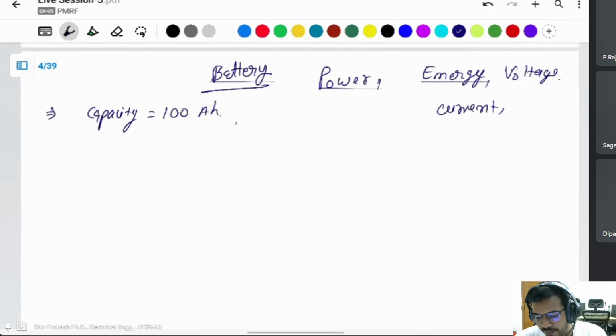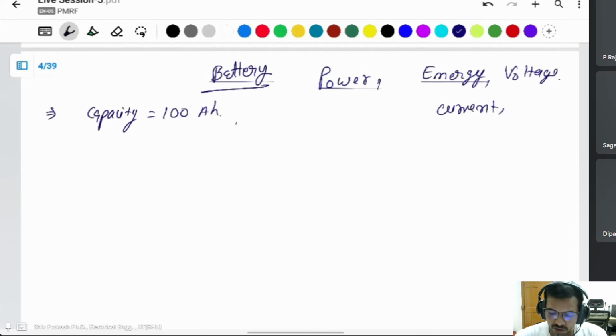In case of high power, it means for a short duration of time the battery should supply a large amount of current. That battery is known as the high power battery. But high energy battery means average current, where the battery supplies for a long duration of time. That battery is known as the high energy battery.